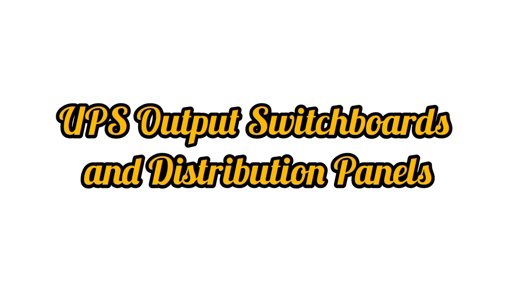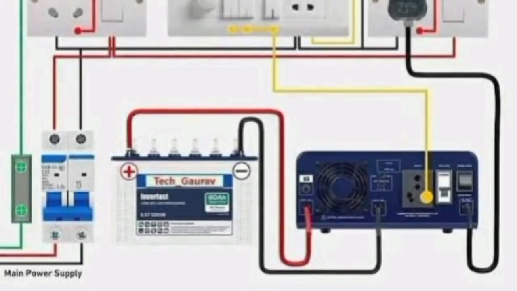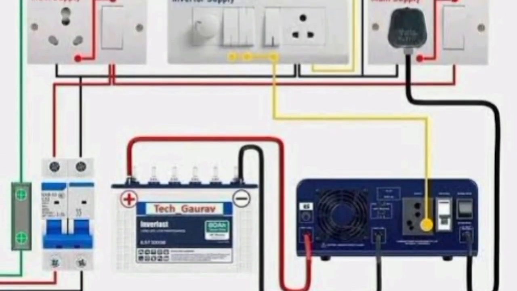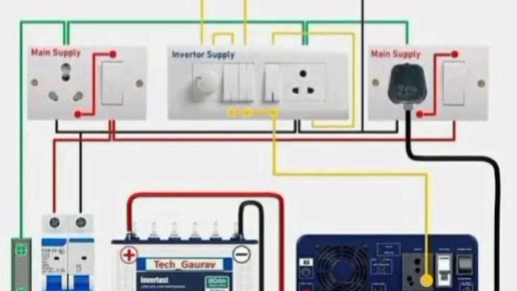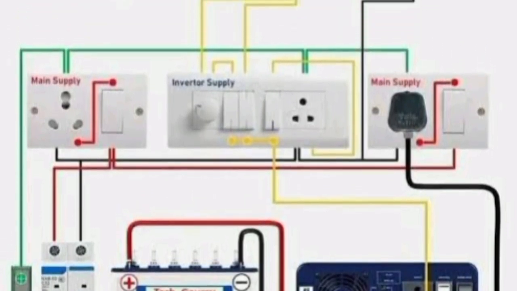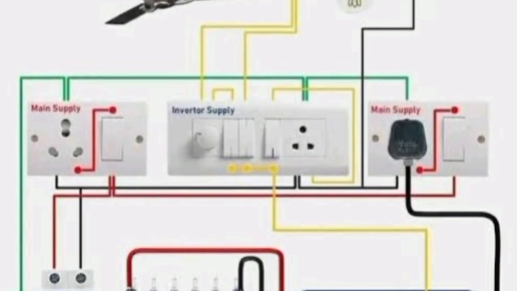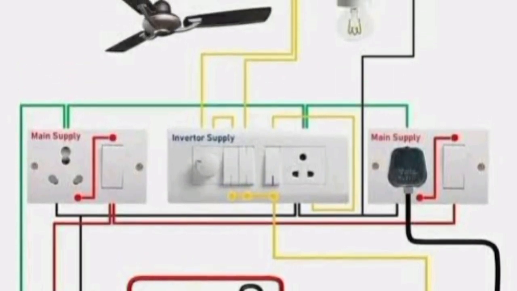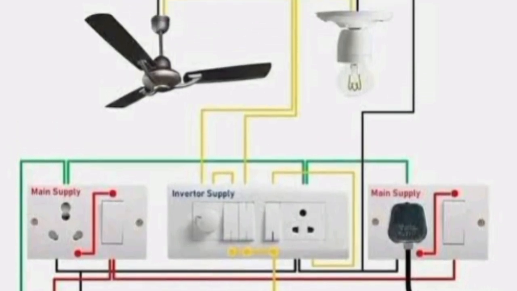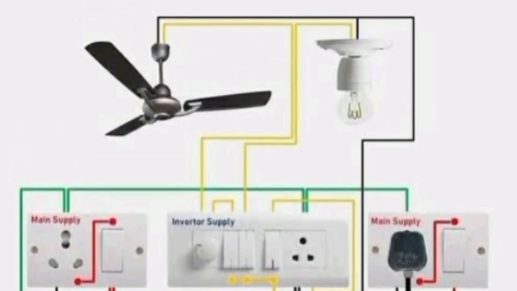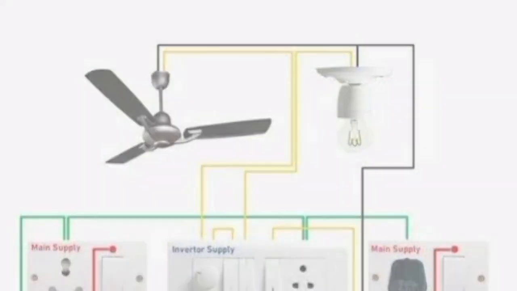UPS output switchboards and distribution panels. After conditioning by the UPS, power flows into distribution switchboards. These panels provide breaker protection, segment electrical feeders, support maintenance isolation, and feed downstream distribution equipment. At this stage, power is clean, regulated, and protected.